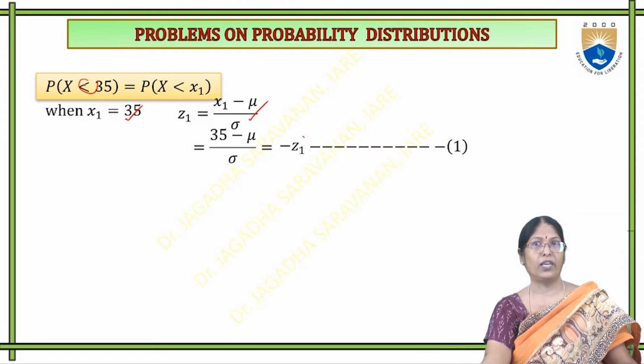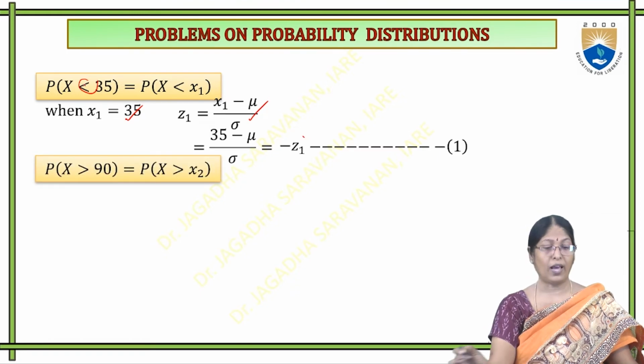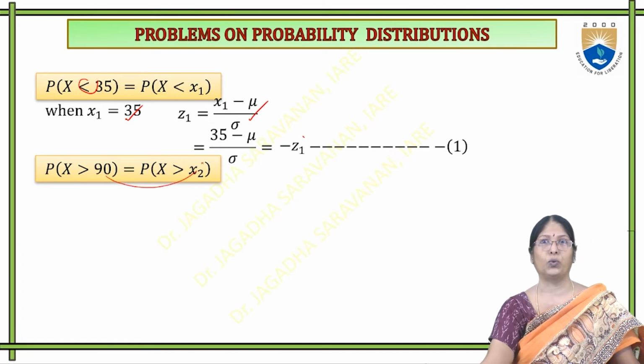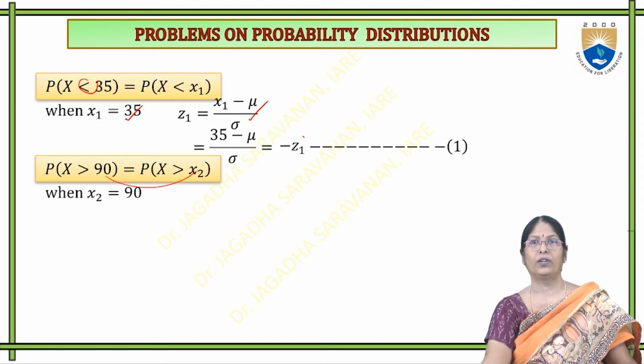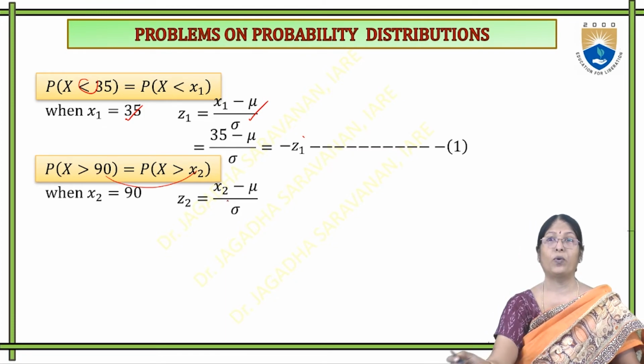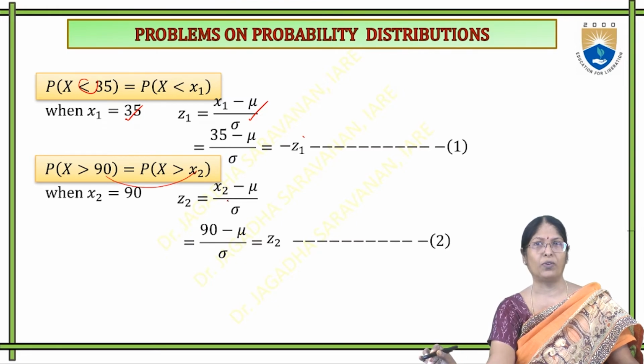We are naming this equation 1. The next is above 90, which we named x2. Then we have to convert it into z2. Yes, z2 equals (x2 minus mu) by sigma, that is, (90 minus mu) by sigma equals z2. This is equation 2.